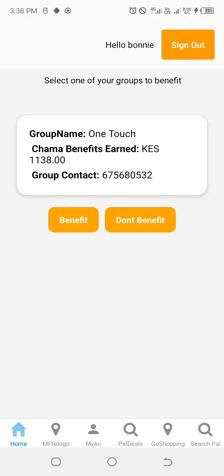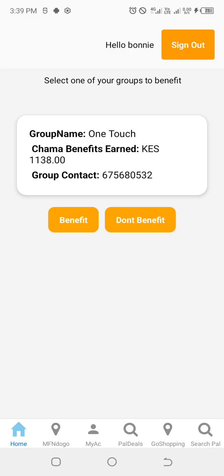When you click benefit, the 25% of your transaction fees will be sent to your chama or your group as your membership periodic subscriptions, because a typical group usually has a membership subscription periodically, could be after 1 week or 1 month or 10 days.